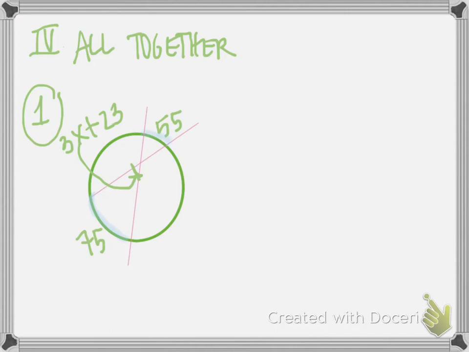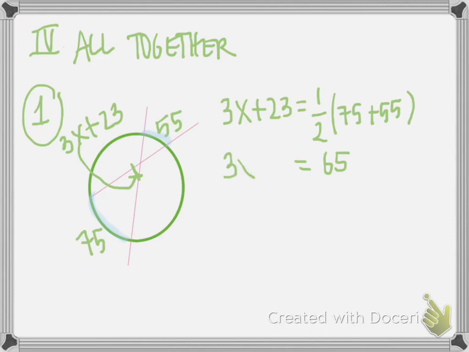So 3x plus 23 is going to be equal to 1/2 times 75 plus 55. So 75 plus 55 is 130. Half of 130 is 65. Solve for x, so subtract 23, so you're going to get 42. So 3x will be equal to 42, so x here is going to be equal to 14.